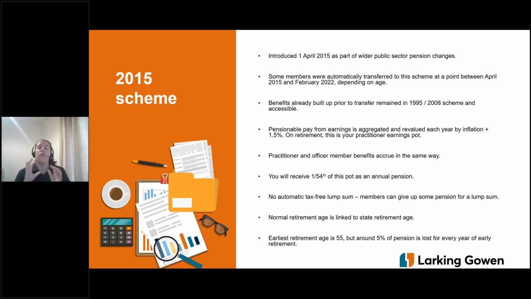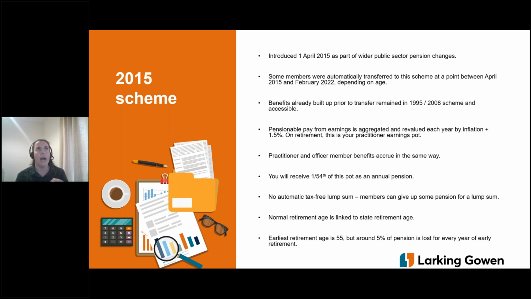So this was an automatic transfer, depending on how old you were when this was introduced. We had what we call tapered protection for members. So 2012 was kind of a cut-off point. If you were within 10 years of retirement at that point, you didn't go across to the 2015 scheme at all.